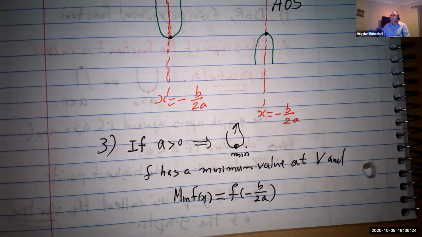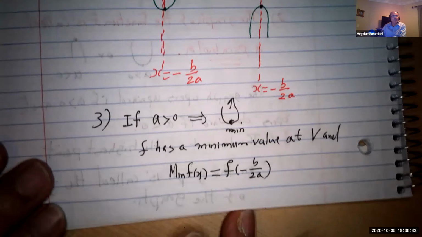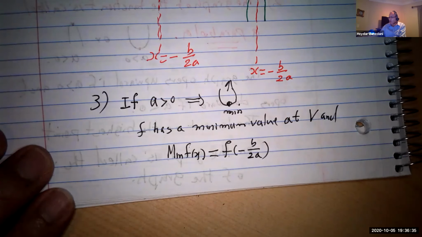That's the minimum. When you have a minimum value of a function, then you'll be able to find the range of the function, how far your function goes up and down.